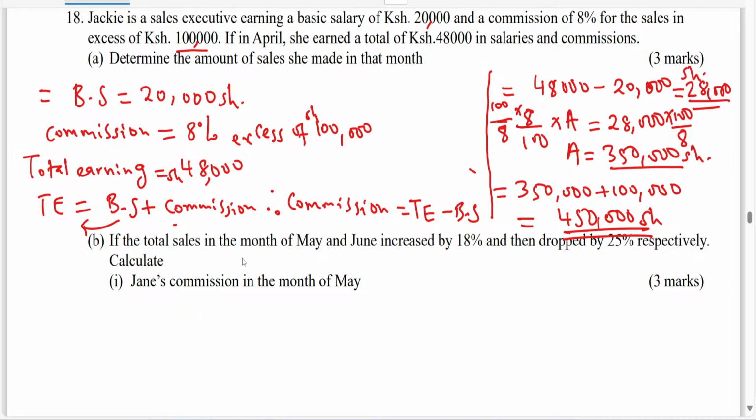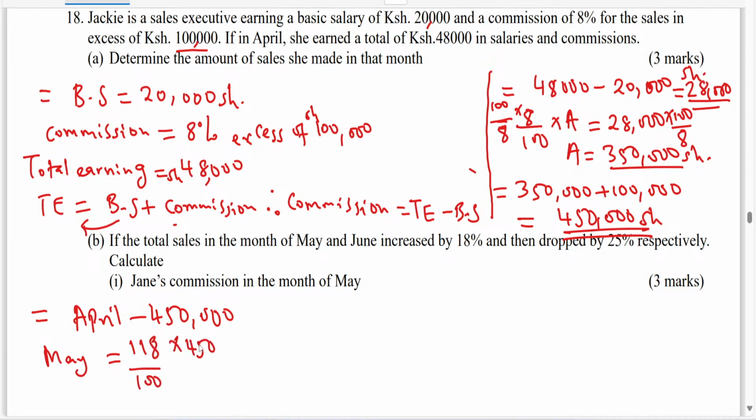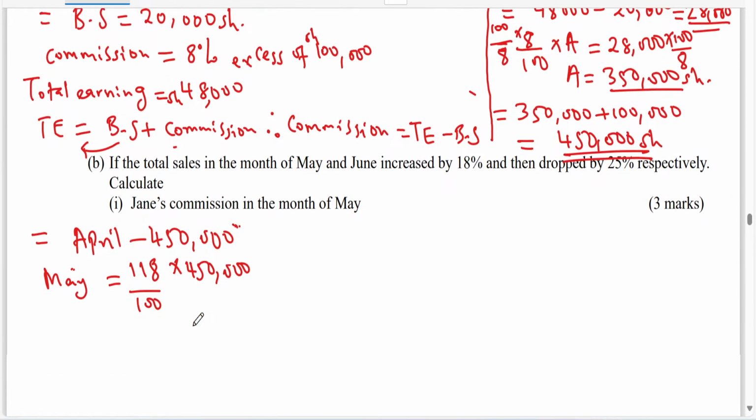Our total sales in April were 450,000. In May it was 118% of that, so you find 118 over 100 times 450,000. Remember, this is the 100%, but May was 118% because of the increase.